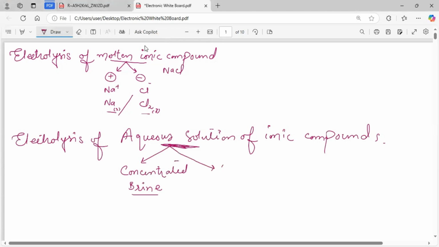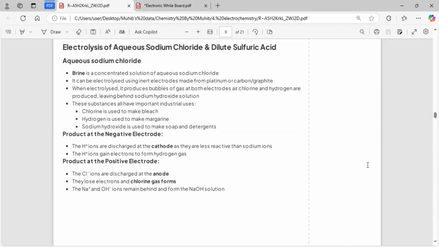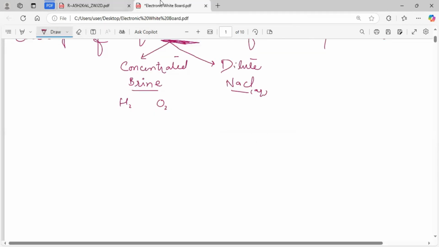Similarly, the next case is that of dilute sodium chloride solution, right? We also took the dilute solution of NaCl. Chloride ions are discharged at the anode and we got chlorine gas.